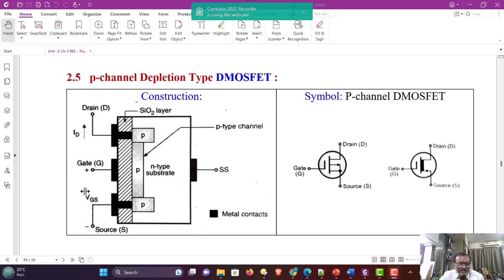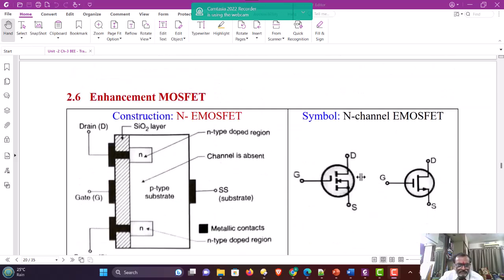Whereas the gate voltage is made positive here, the gate voltage applied is positive, which depletes the channel. The symbol of the P-type D-MOSFET is shown here. Both the symbols are alternately used.